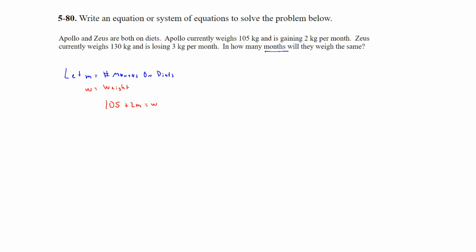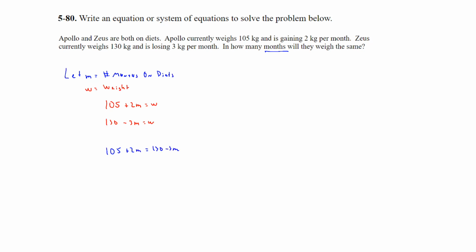And then we also have Zeus, who weighs 130 kilograms, but is losing 3 per month, and that's his weight. So we could use the equal value method because we do have two variables and two equations. And since they're both equal to W, we can say that 105 plus 2m is equal to 130 minus 3m.